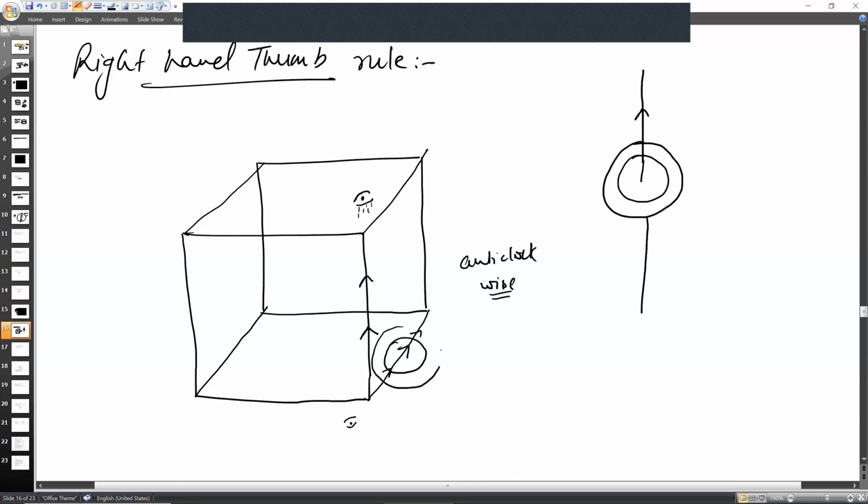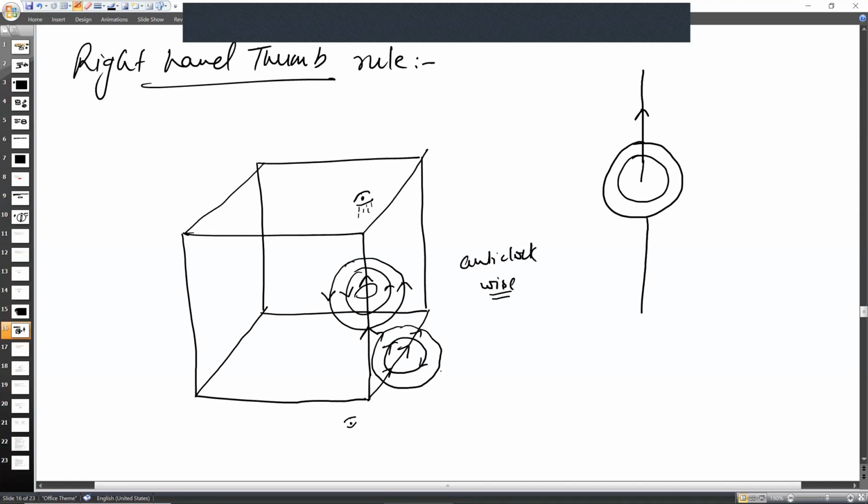If the current is going away from you, then it will be clockwise, and if the current is coming towards you, then it will be anti-clockwise. If you observe from the top, it will be anti-clockwise, like this. And if the current is going away from you, it will be clockwise, like this.